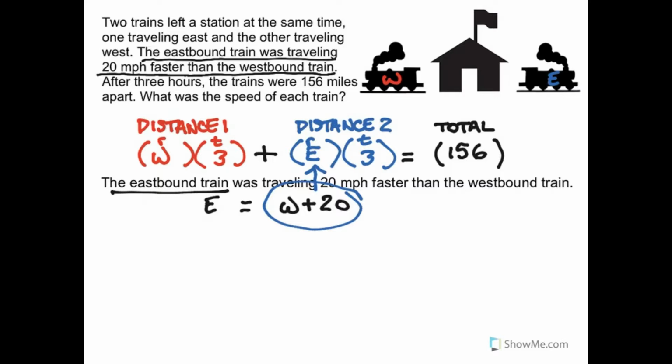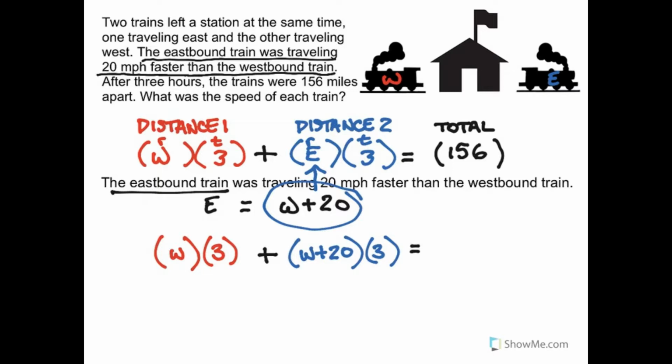Now it's going to look like this. W times 3 plus (W plus 20) times 3 equals the total distance, 156. We now have set up an equation with only one variable to represent the problem, so let's solve the equation.